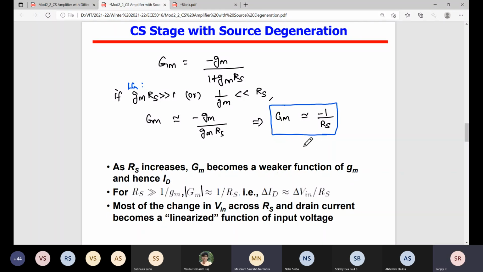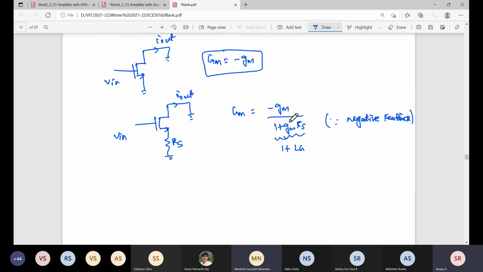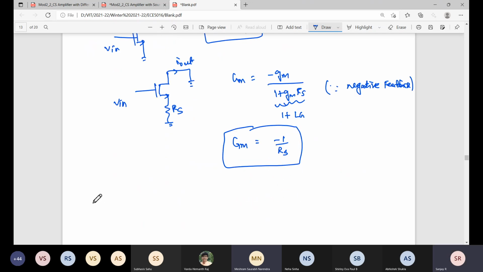You can see without degeneration, in a common source amplifier, Gm is minus gm. With the loop gain, Gm equal to minus 1 by Rs. So let's apply this. There is some variation in the input.